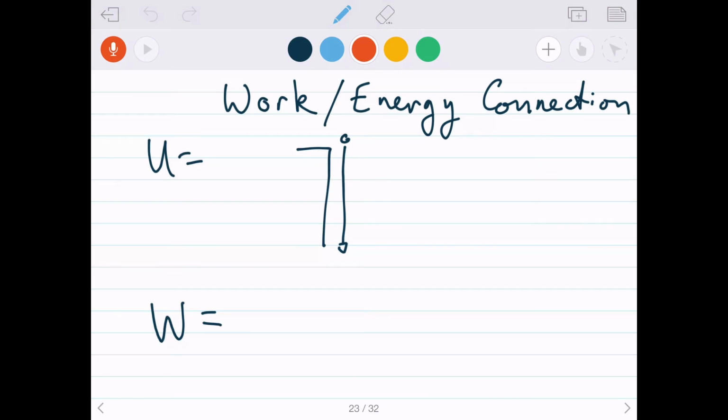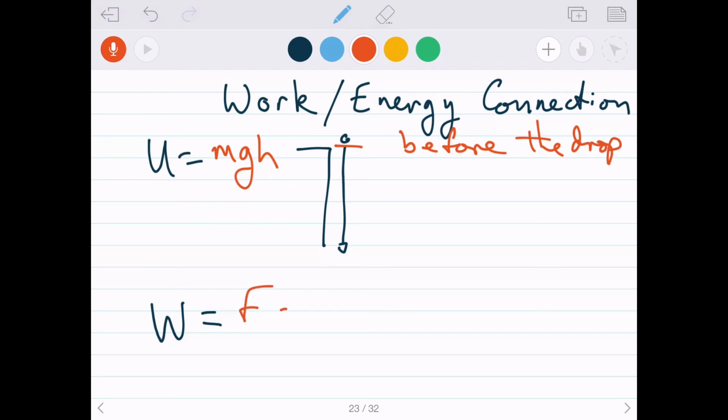Okay, we've already talked about this, but let me just recap. The potential energy is mgh, and it is before the drop. The work done would be force times distance, which is also mgh, because the force due to gravity is the weight. Let's not confuse that with division here.